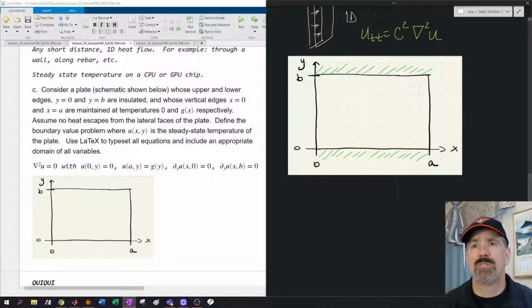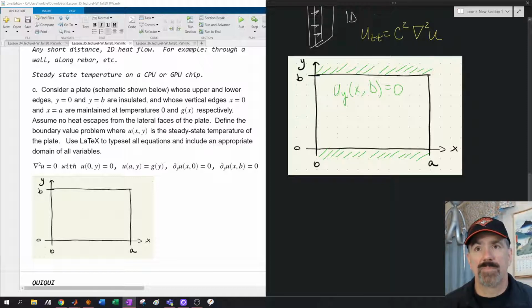And what that means, of course, is there's no heat transfer through those boundaries. And that heat transfer would be in the y direction. So what we're really saying is that u partial with respect to y, for all the x values, but for y equal b, is equal to 0. So reminiscent of our insulated ends on the 1D heat equation, that's exactly what this is saying.